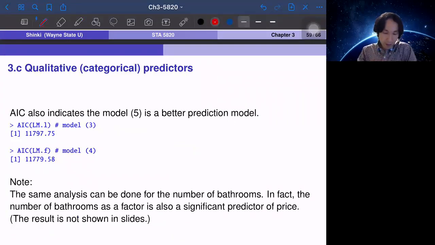And AIC also measures how good the model is for out of sample performance. So if we have a new data set, then how good the model is. So AIC is a measure for the test performance.